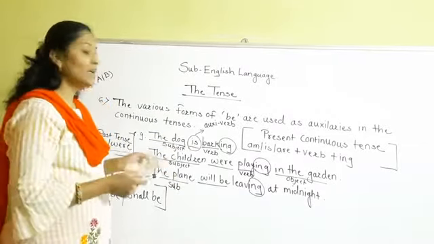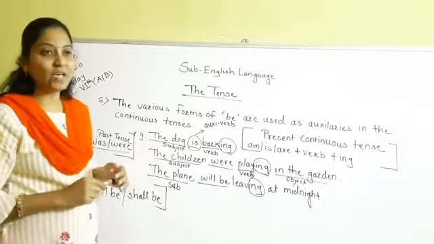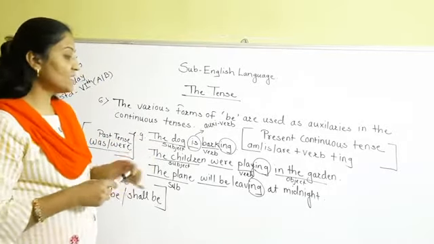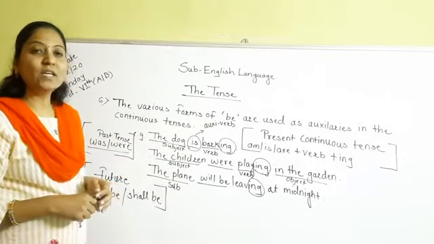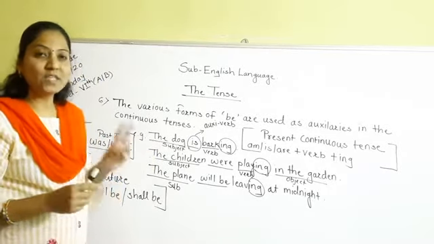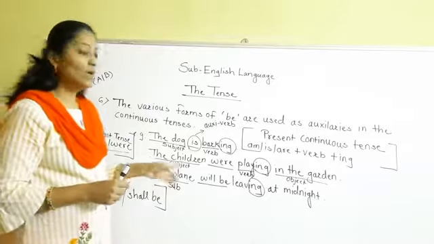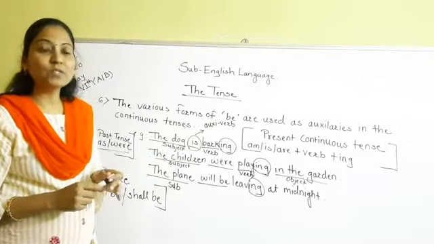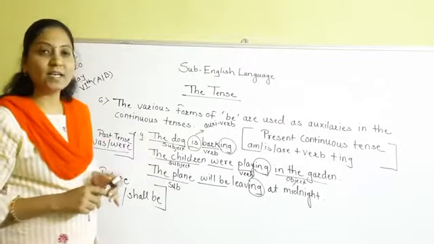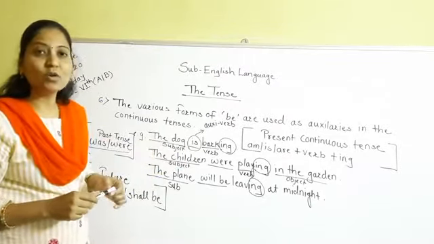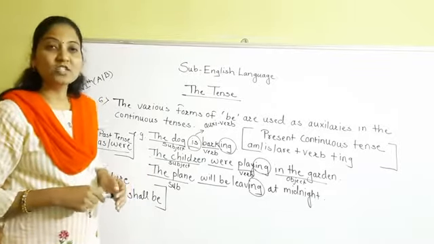So to identify a sentence of continuous tense, only two things are required. One is you have to identify the helping verb or auxiliary verb, plus you have to see whether the verb has ing added or not. If the verb has ing added, then you can easily identify that this is a sentence of continuous tense.